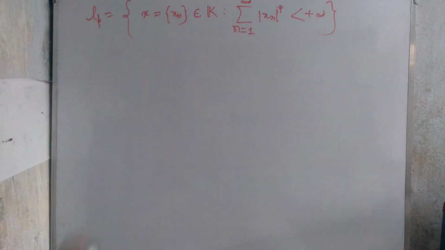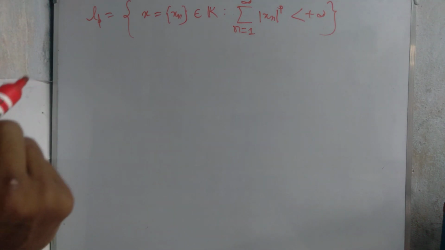That means it is p-summable. It is the collection of finitely p-summable sequences. Then this one is the l^p set.